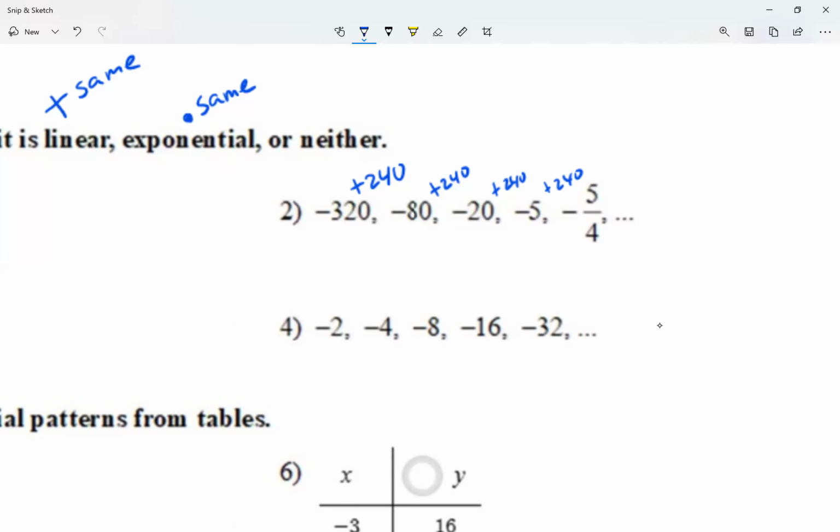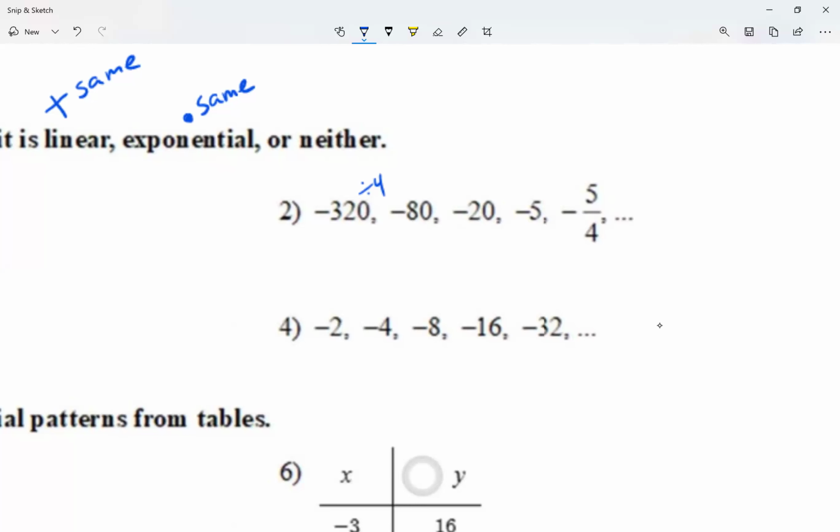Like I said, that's the first thing that I do. Check if it's linear, check if you're adding or subtracting the same thing. Now, if it is not linear, let me check if it is exponential. I either multiply or divide by the same thing. So for negative 320 to become negative 80, I have to divide this by 4.